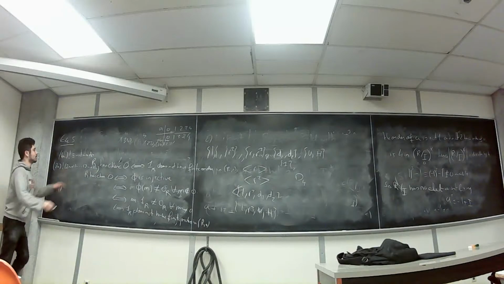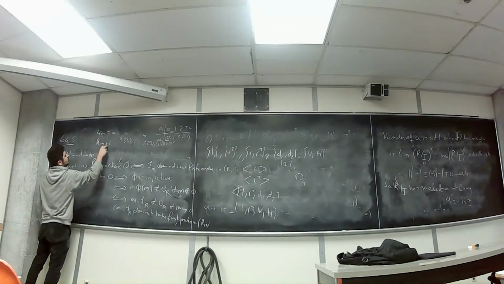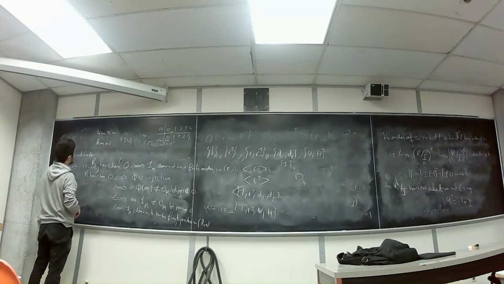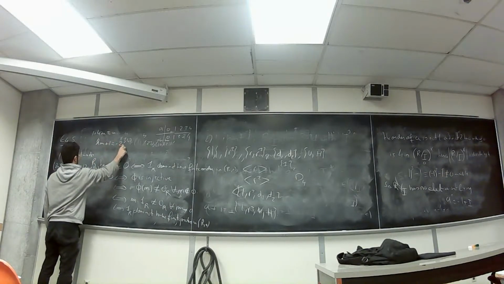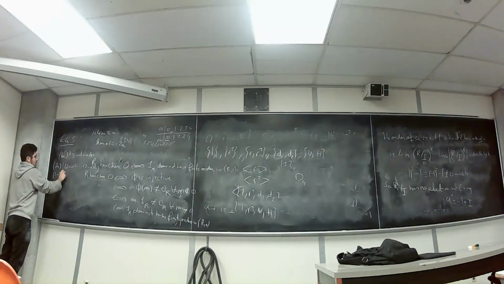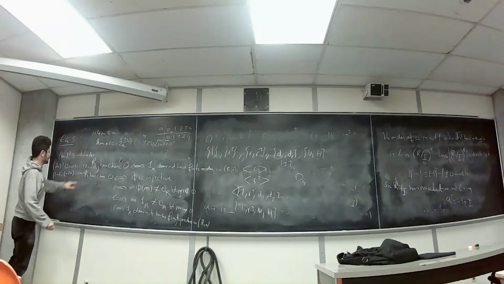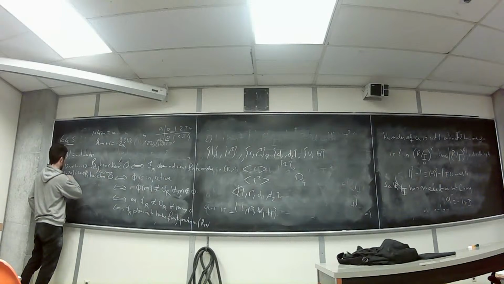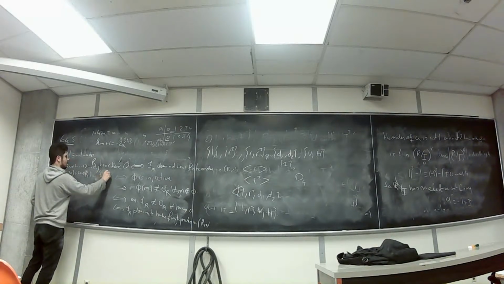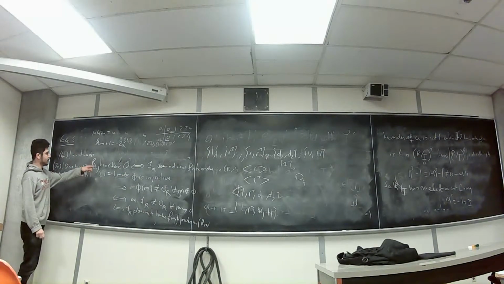Since 4m plus 1 is 0 mod p, 2m plus 1 is just minus 2m, then minus 2m minus 1, and so on.